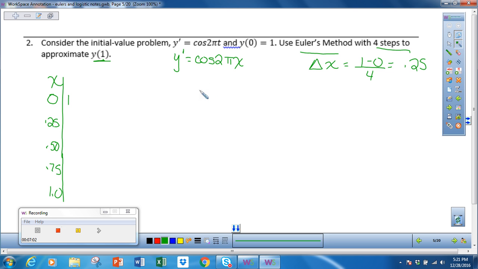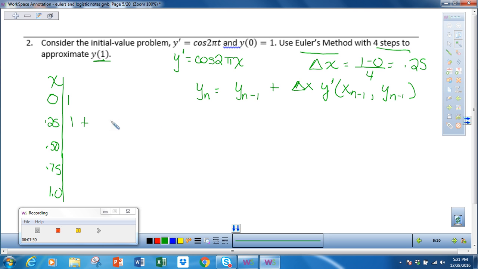So remember, to get my next value, I take my previous y, I add that to the delta x times the function evaluated at the previous x and the previous y. In this case, there is no previous y in that, so the previous y will not affect this part of the answer. Okay, so I start with my previous y, which is 1.